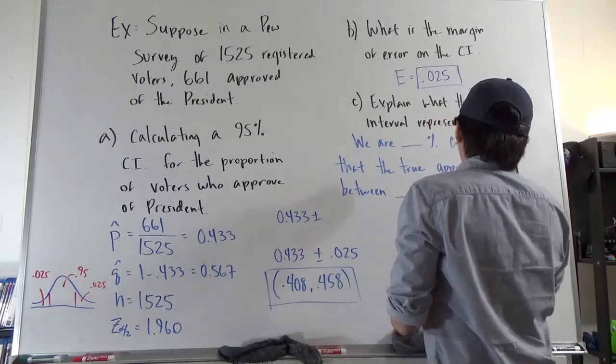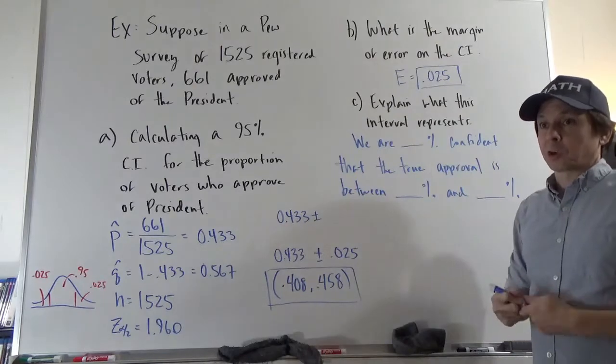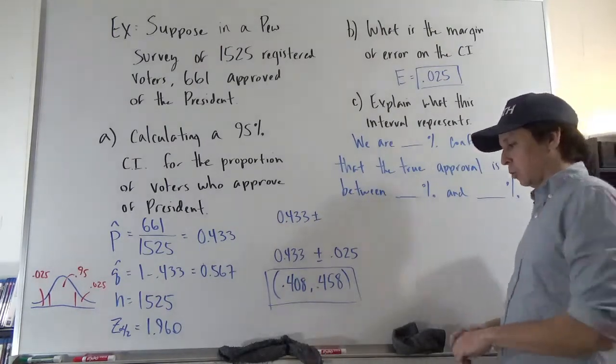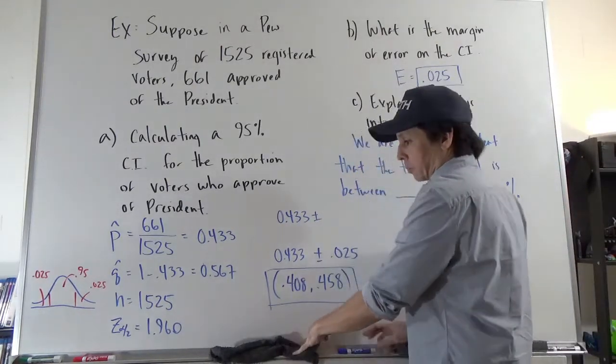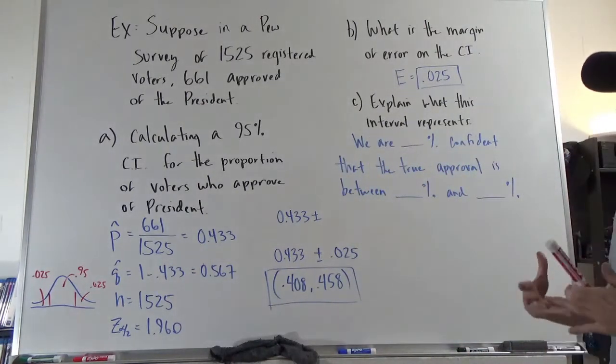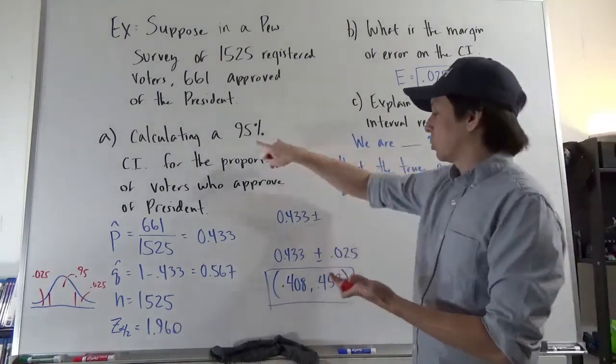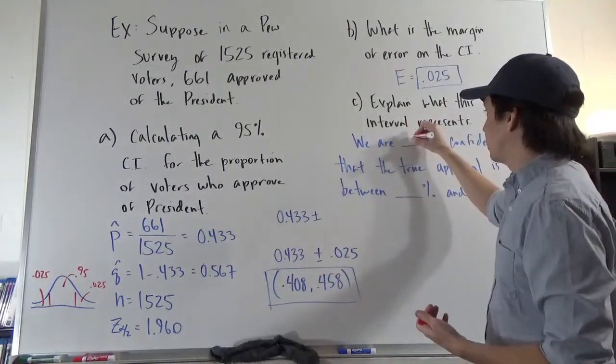You could use a proportions form, but since we're explaining, I'm going to pretend we're explaining to somebody who's never taken stats and who isn't really familiar with percent and proportions, or they're not that good with it. So I'll convert it to layman terms. How confident are we? Depends what kind of confidence level we used. 95% in this case.